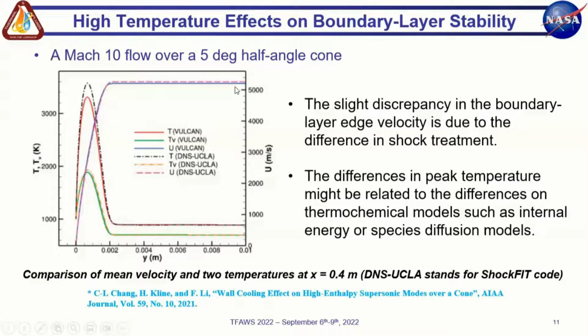So that's of course the difference in the edge velocity. But the more important differences exist inside the boundary layer. If you check the peak temperature, you'll see the shock fitting code leads to a higher temperature inside of the boundary layer.